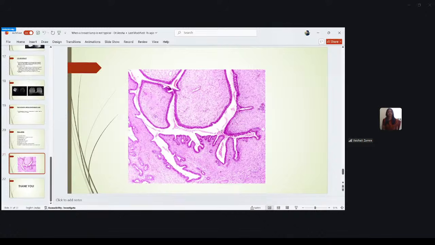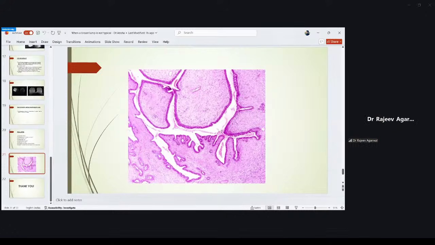That is the usual way a core-needle biopsy is reported. Isn't it, Dr. Trupti? Yes, right. Unless we see very high grade features, it is very easy to call malignant. But in this heterogeneous setting, where the differential is between a cellular fibroadenoma and a benign phyllodes, it gets very difficult. Correct, correct.